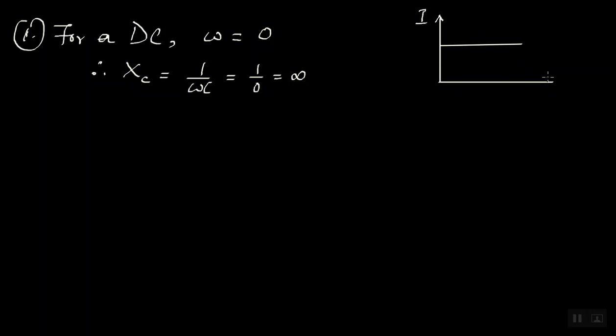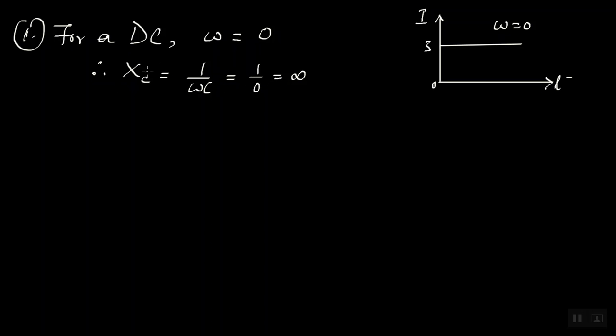If you plot current with time, let's say this is 3 ampere, it does not change with time. It doesn't have ripples like this, okay? It doesn't go like a wave like this, just a straight line. So if it is just a straight line like this, it has no frequency, so the frequency will be 0. So for a direct current, omega is 0, so xc is infinite.